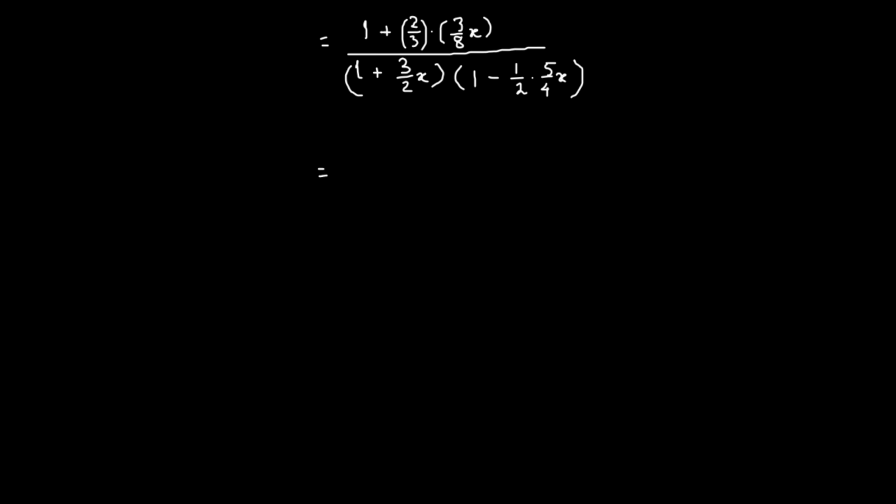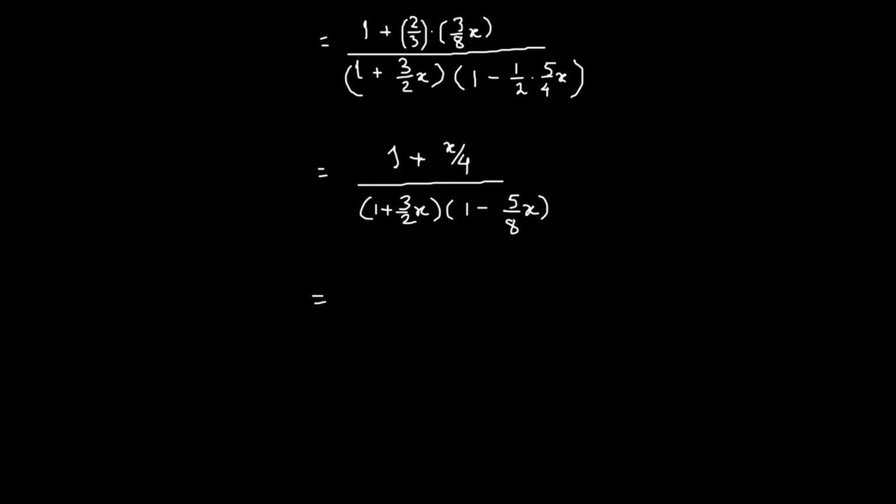So this would be, in the numerator we'll get 1 plus x over 4 divided by 1 plus 3 over 2 x times 1 minus 5 over 8 times x.